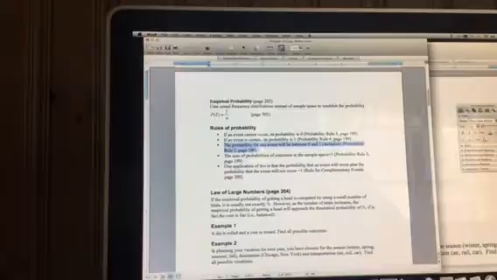Now, the next rule kind of closes the loop with the two we just covered. The probability for any event will be between 0 and 1 inclusive. This should make sense. If an event is impossible, then its probability is 0. If it's absolutely certain, the probability is 1.